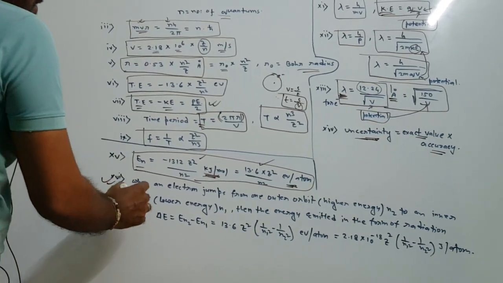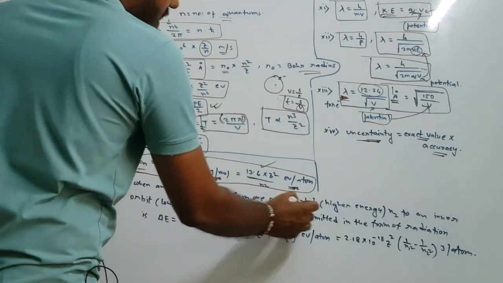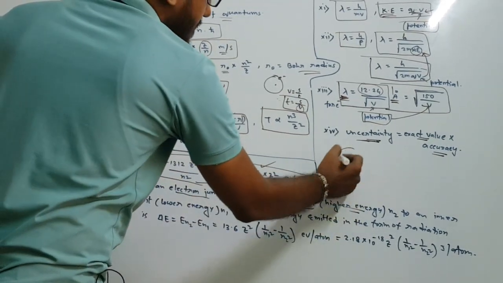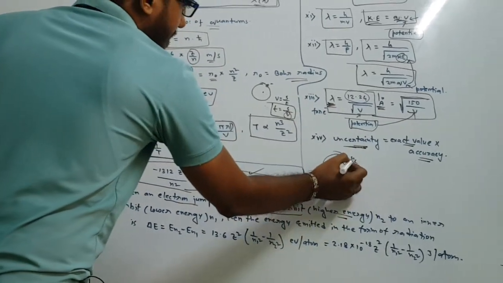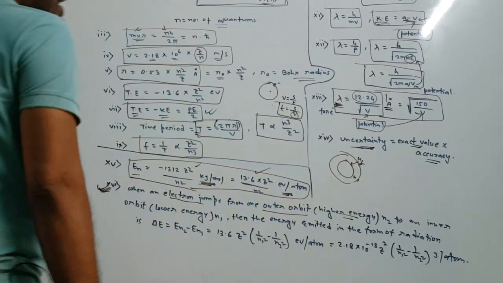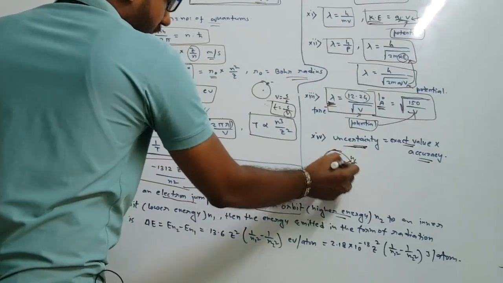Now our last formula is for when an electron jumps from an outer orbit, that is, higher energy. Let us say this is n2, this is n1, and the electron is coming from n2 to n1, that is, higher energy to lower energy.